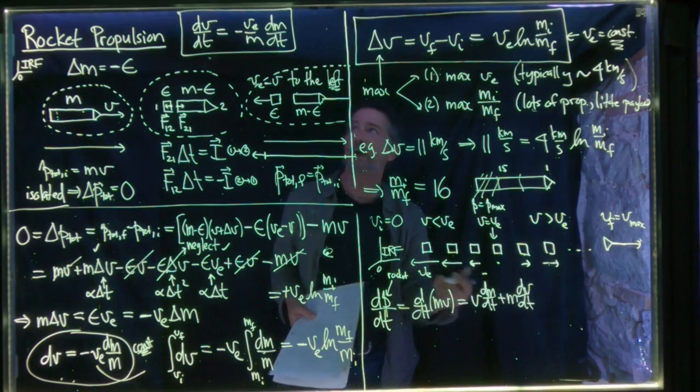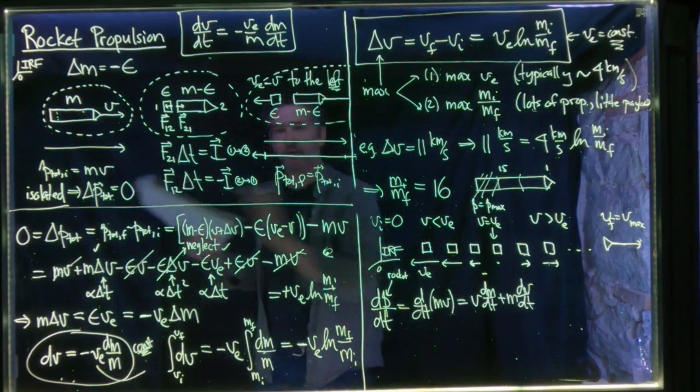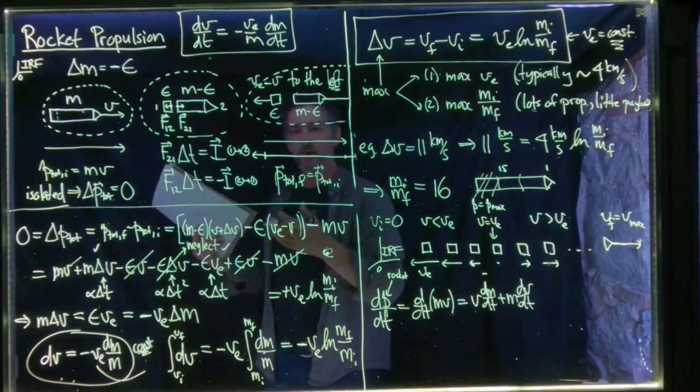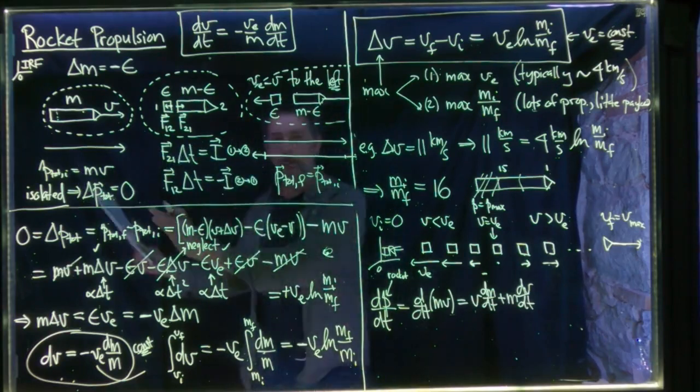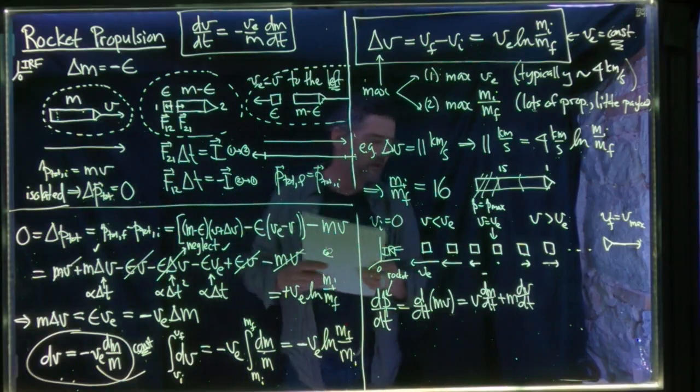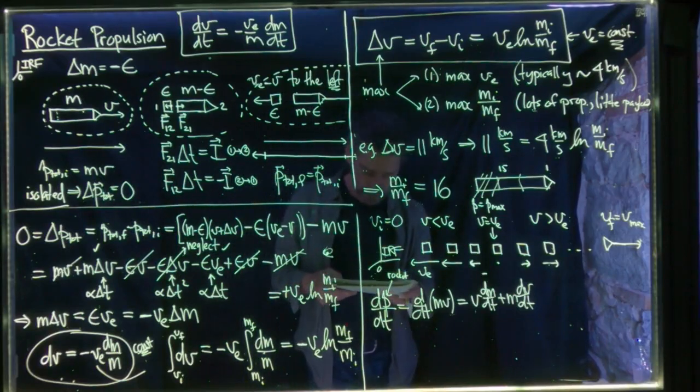It's the mass flow rate, the number of kilograms per second of propellant in the form of exhaust gas particles being dumped out the back, water vapor from, say, a liquid hydrogen, liquid oxygen rocket. And dv dt is of course the acceleration of the remainder of the rocket.